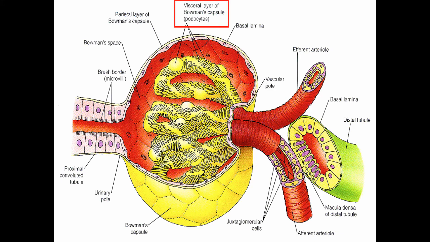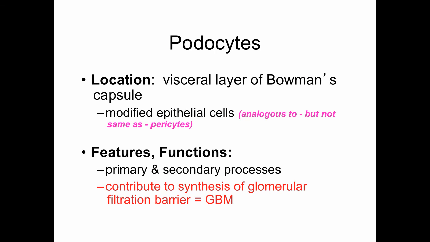I want to highlight the visceral layer of Bowman's capsule. This visceral layer of Bowman's capsule consists of cells called podocytes, and podocytes are modified epithelial cells. The podocytes are analogous to, but they're not the same as, pericytes that we talked about earlier in the course when we talked about the blood vascular system.